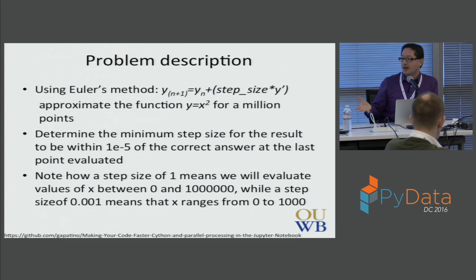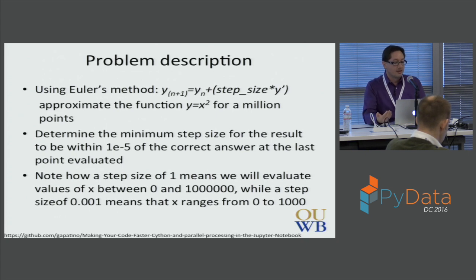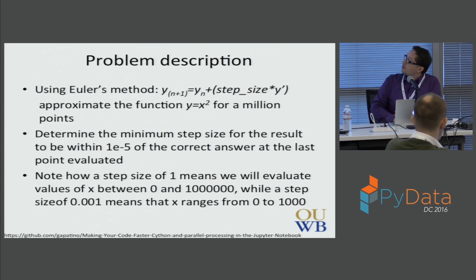As I told you, I do a lot of simulations of how a neuron behaves, how a heart cell behaves. The way we simulate those systems is using systems of differential equations, which can become very computationally expensive. So what we're going to try to do is just approximate a very simple function, y equals x squared, using its derivative, which is y prime equals x.